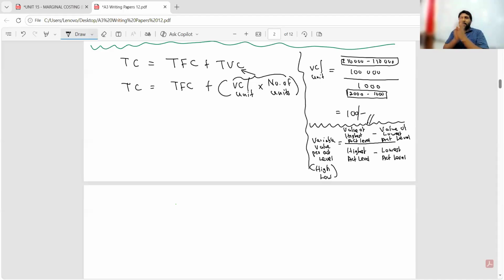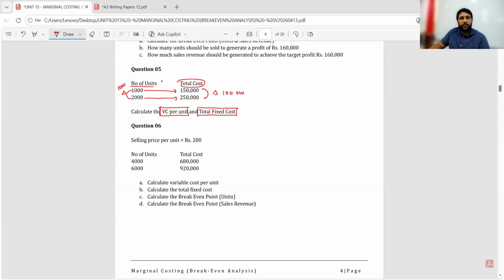Now listen carefully. I found the variable cost per unit as 100. When I am making 1000 units, my total cost is how much? 150,000.